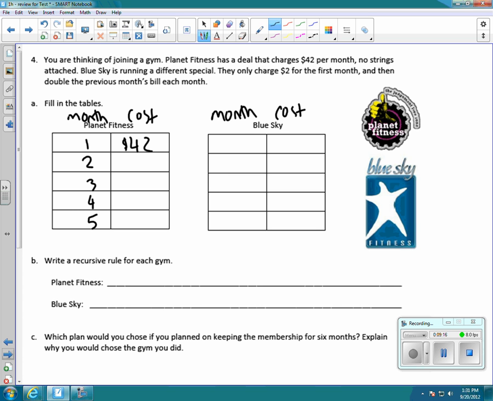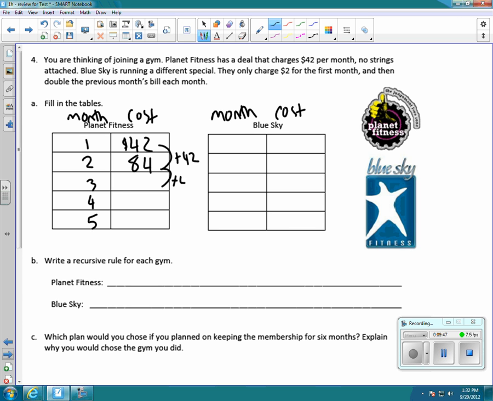Planet Fitness is an arithmetic sequence because they keep adding $42 every time you go up. So here we're starting at $42 and we keep adding another $42 every single month. So we are going to take 42 and then add 42, and so now we've paid $84.